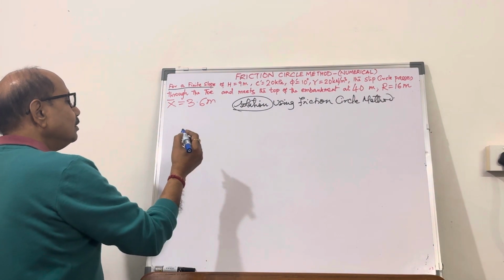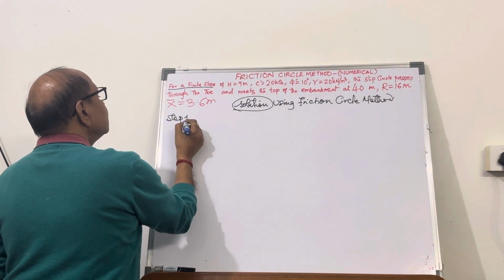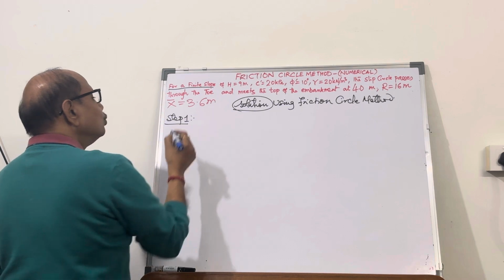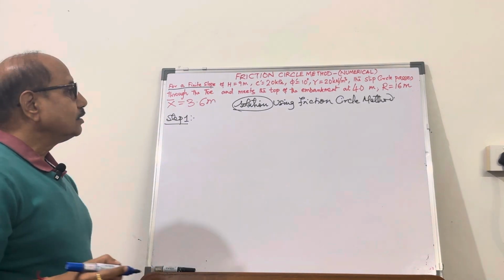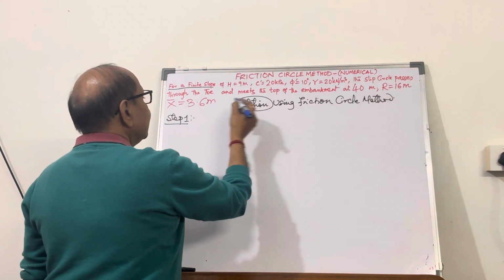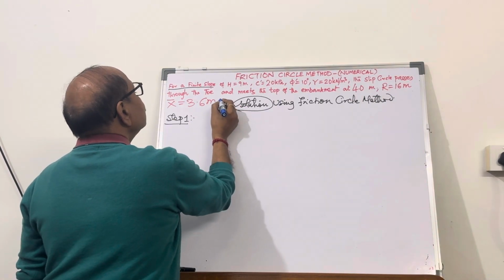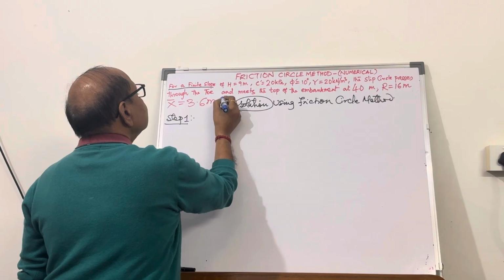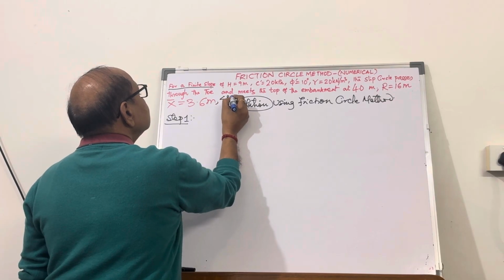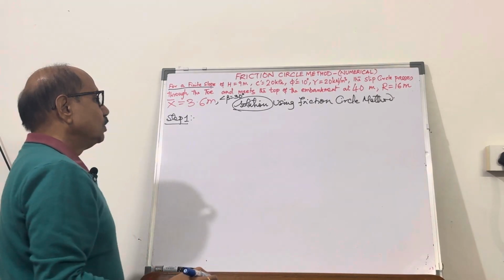So first of all, you need to select the steps. Here, the slope angle is also given. The slope angle beta is given to you as 30 degree.